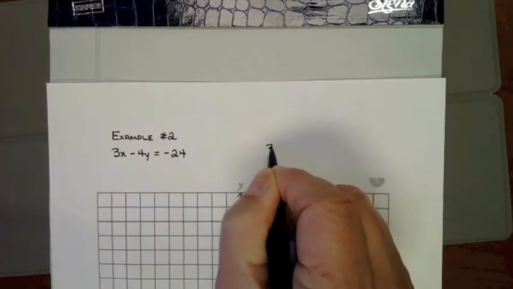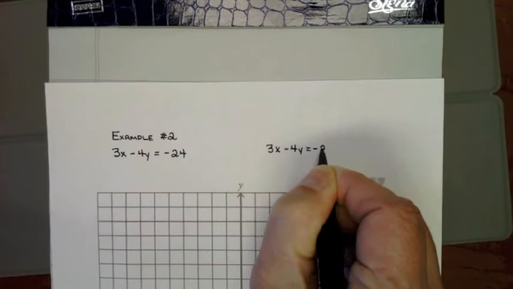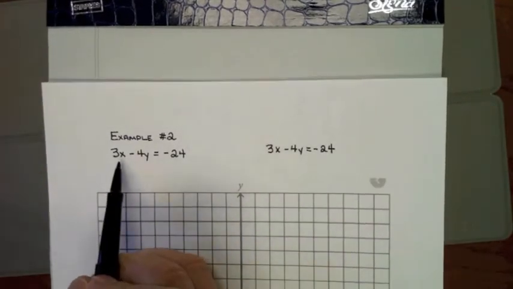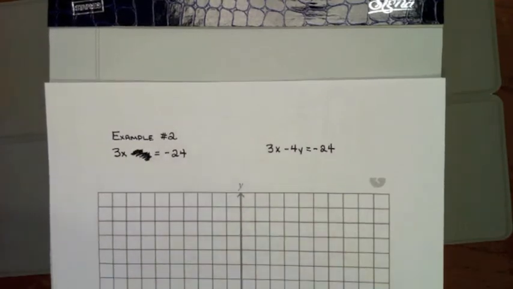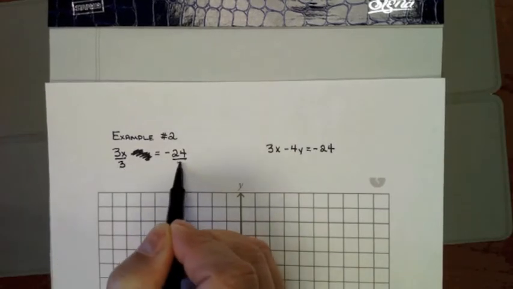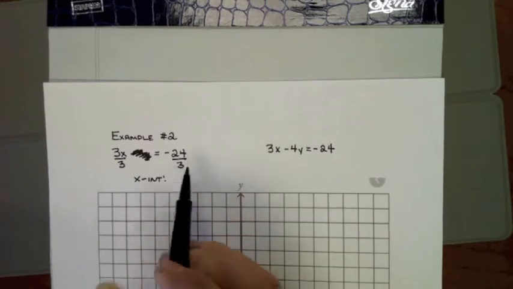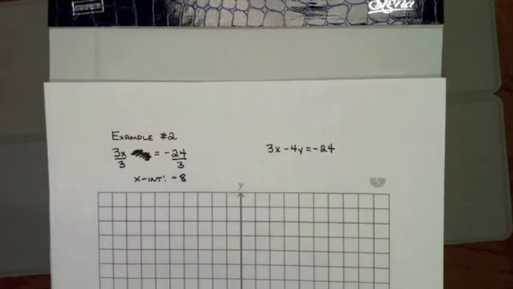So I'm going to write it twice so I can find the X and the Y-intercept for this equation. To find the X-intercept, I don't need the Y. So I'm going to mark through this, and I'm going to solve this little equation here by dividing both sides by 3. The X-intercept is -24 divided by 3, -8.